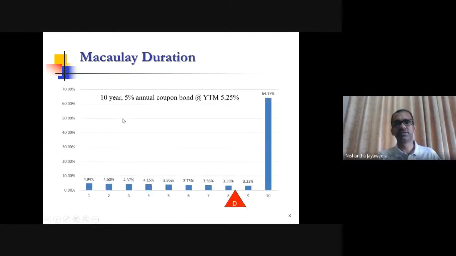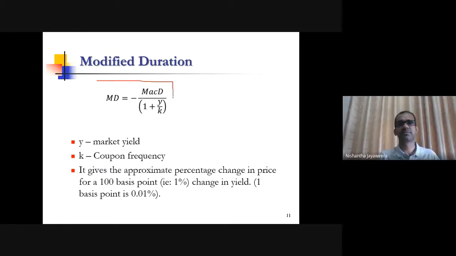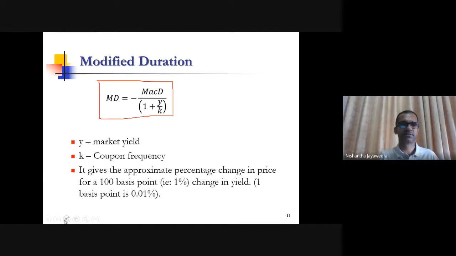Then from Macaulay duration to modified duration, you need this equation, and this interpretation. This is important: how to interpret the modified duration.